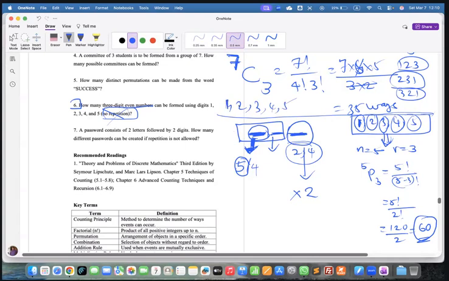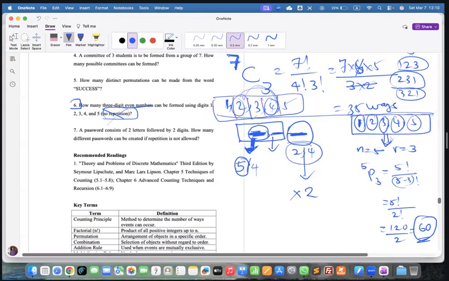Just think about putting 2 or 4. If there were 5 options, we could put 2 or 4 in the first position also, right? But that is not possible. Why? If you put 2 or 4 in the first position, you are not getting an even number, right? So from the 5 digits, only 4 digits are possible for the first position.